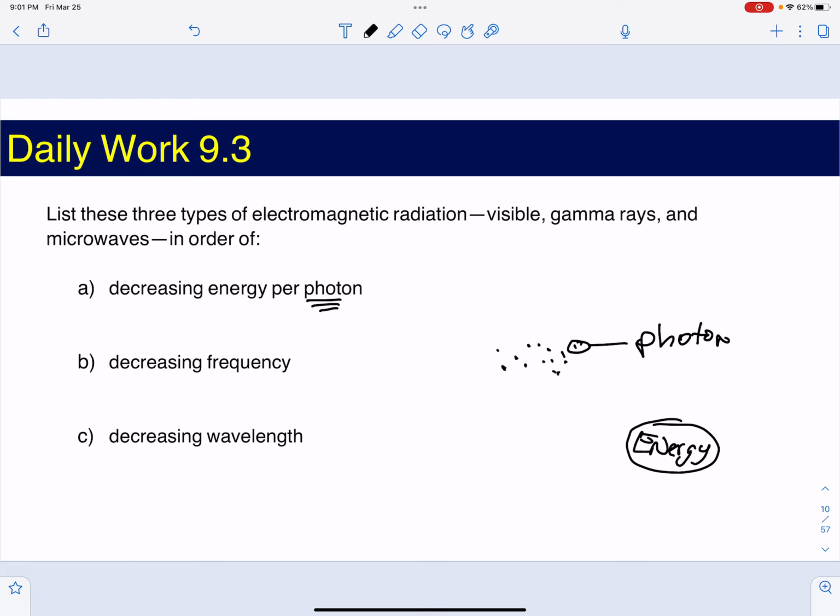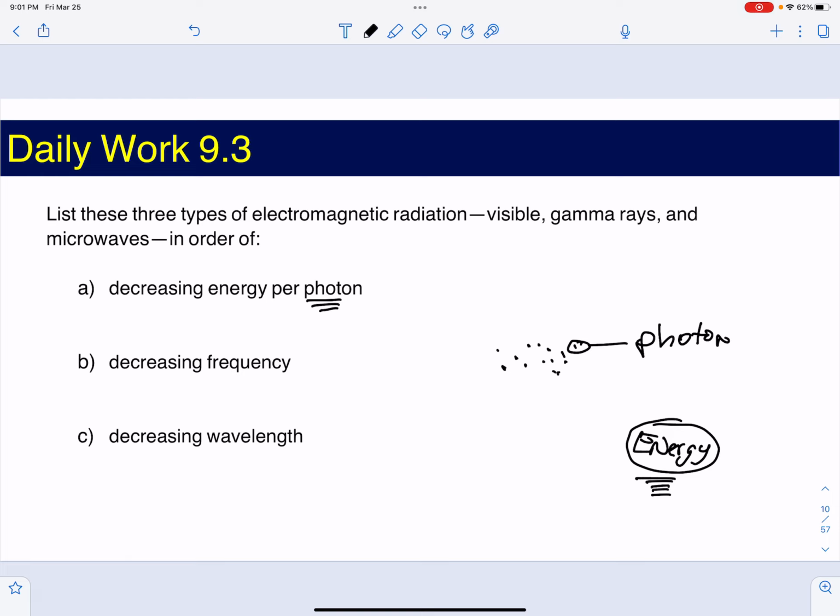And remember, the smaller the wavelength, the higher the frequency, and the higher the energy. So electromagnetic radiation, their photons are going to have different amounts of energy depending on the wavelength. So a photon is just a way of describing a packet of energy, but each photon, depending on the wavelength, can have a different amount of energy.